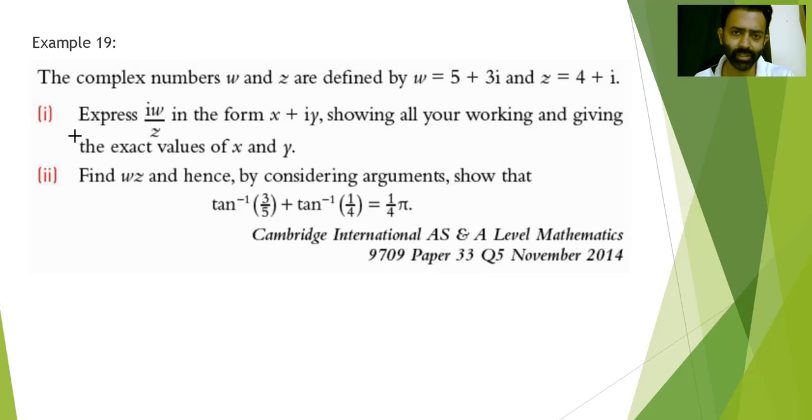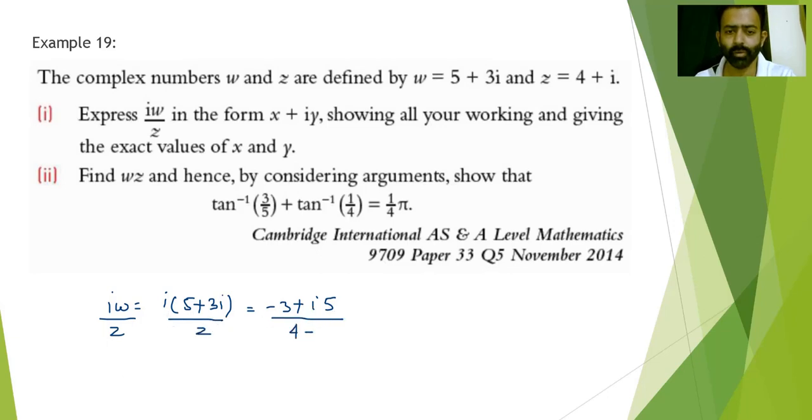So it is again very simple. iw you can write down by multiplying the complex number w with i, which is 3i squared, that is minus 3, plus i times 5, or 5i, right? And dividing by z, iw by z means minus 3 plus 5i divided by 4 plus i, okay.